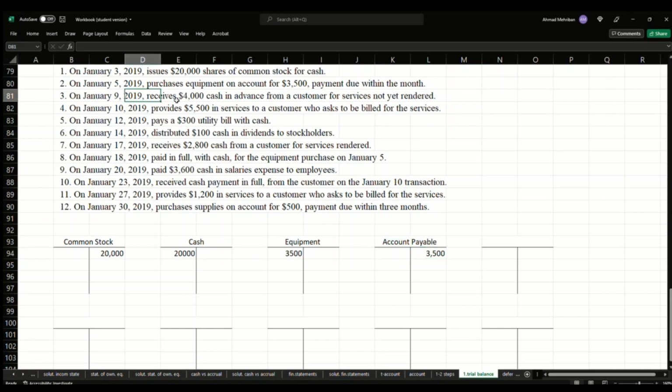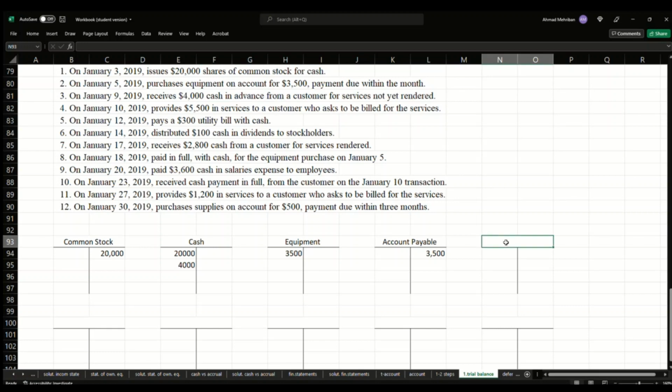Next, third one, we receive 4,000 cash in advance from a customer for services not yet rendered. The fact that it says received cash, it immediately has to click for you. It's 4,000 to the debit side of cash. Now we have to consider what is the other end of this transaction. We received it in advance from a customer for services not yet rendered.